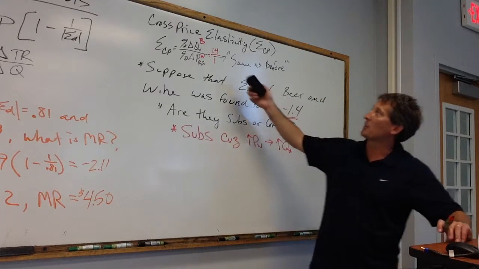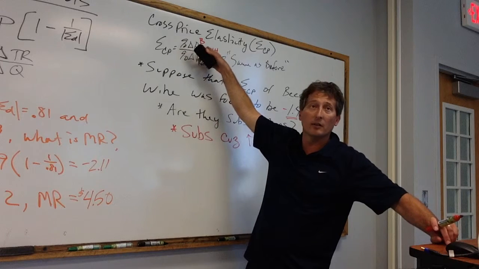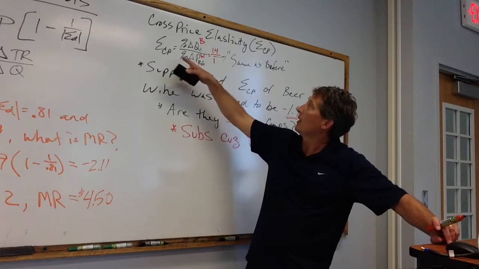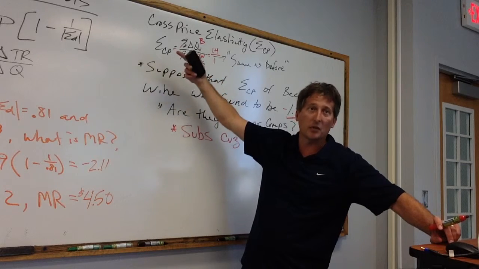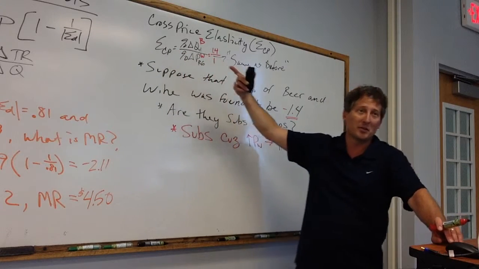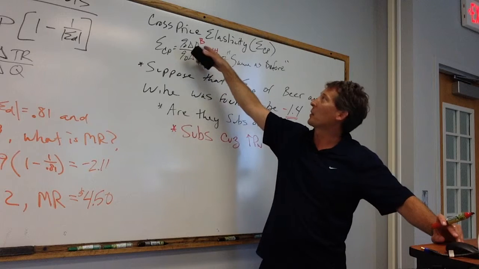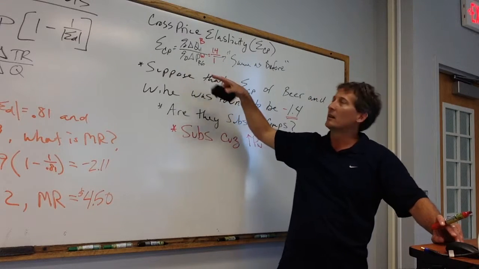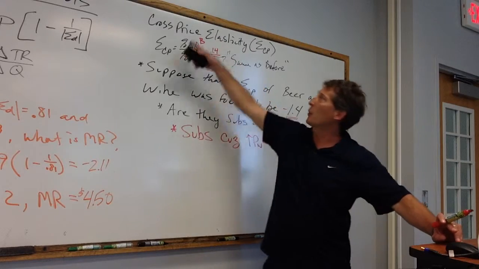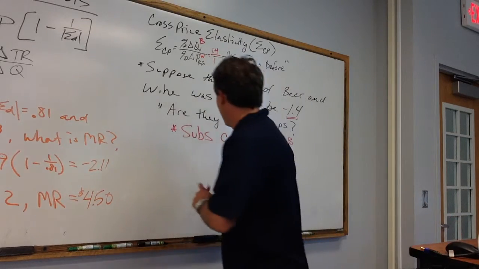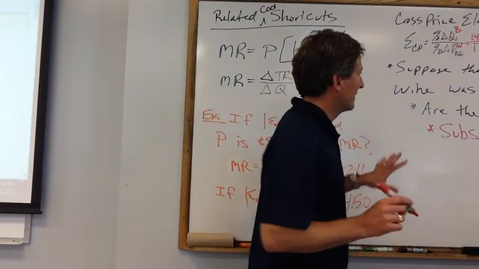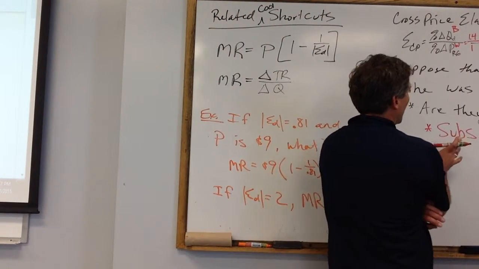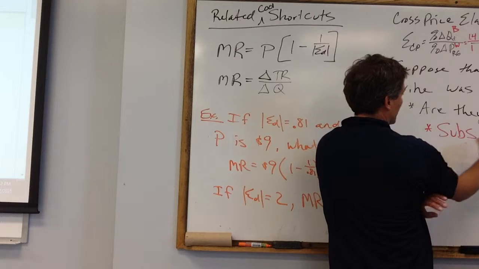And then we would have dubbed them complements if that was the case. So this is the cross-price elasticity of beer with respect to wine. If we did it vice versa, by the way, we should find similar results, but the good in question is beer. Let me do one thing here and then I want to come back to you because I want to show you something else. So substitutes because of this.